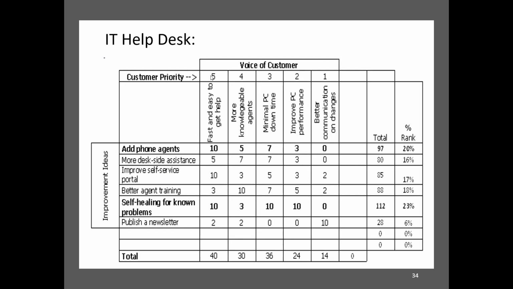I take 10 times 5, that's 50. 3 times 4 is 12. That's 62 total. Plus 10 more is 72. 10 times 2 is 20. So I end up with 112 for that particular one. So very similar to FMEA. And then the first thing I would probably consider is how I could do more self-healing.